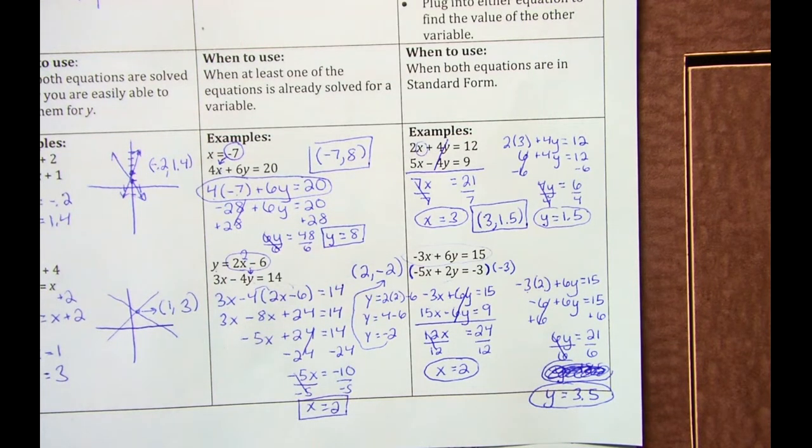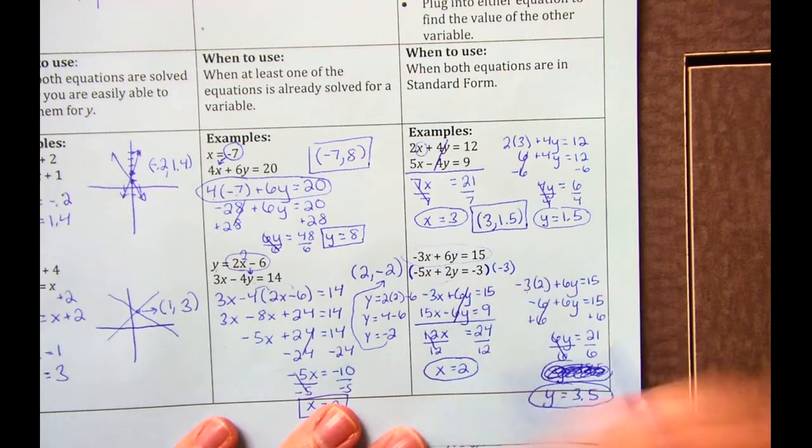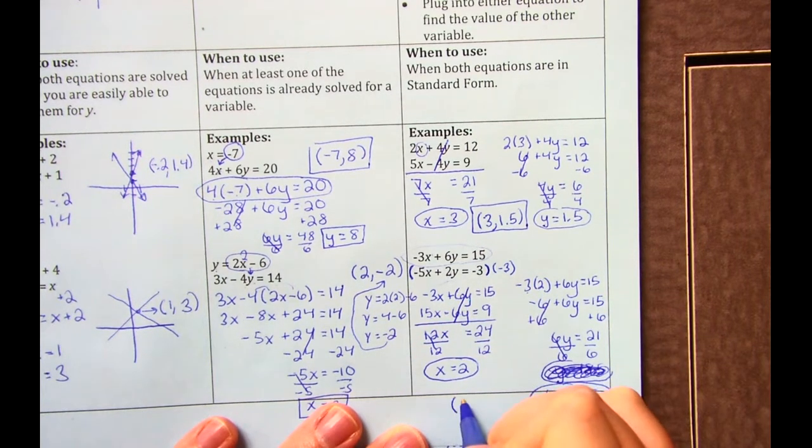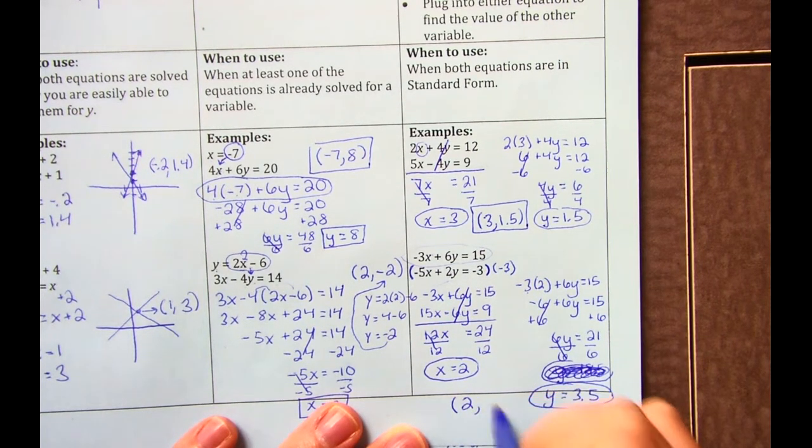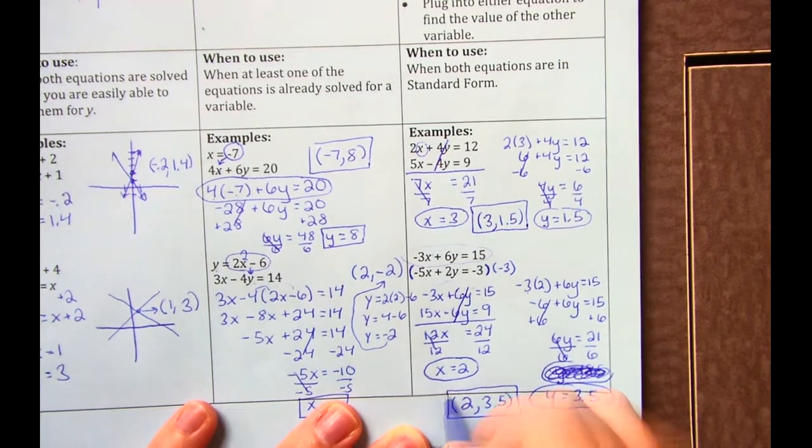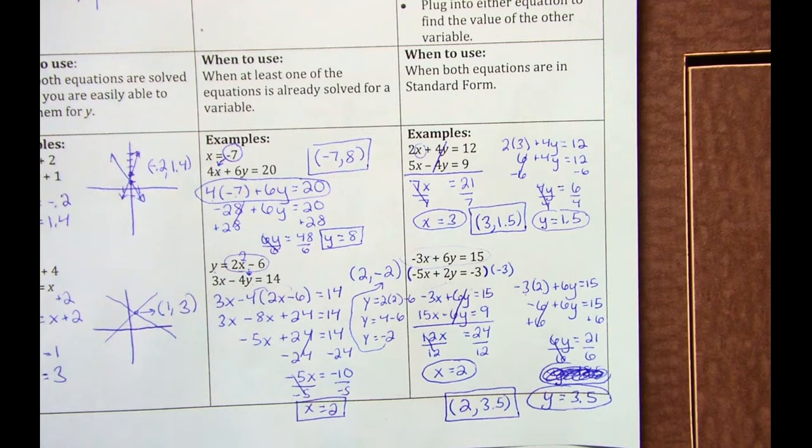See, it's 18 and 3 left over. So y is 3.5. So if I were to graph those two equations, I would get that they would intersect at the point 2, 3.5. That is how you solve systems by elimination.